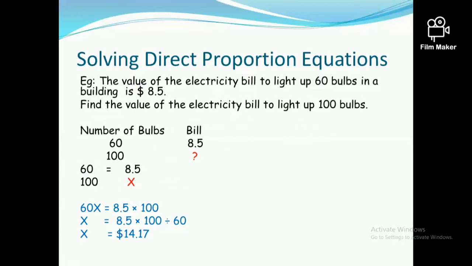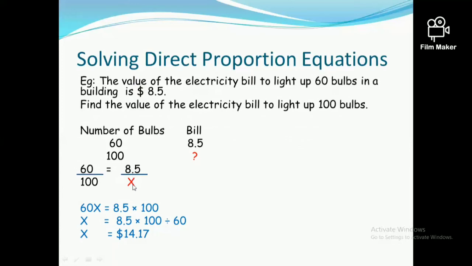Initially, we write the two facts where the relationship builds: the number of bulbs with the electricity bill. For 60 bulbs, 8.5. We don't know for 100 bulbs what the bill is. So you can write 60 equals 8.5, 100 and x below that, as I mentioned, then put a fraction.